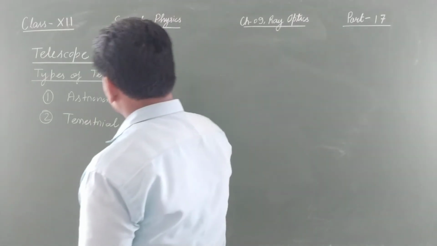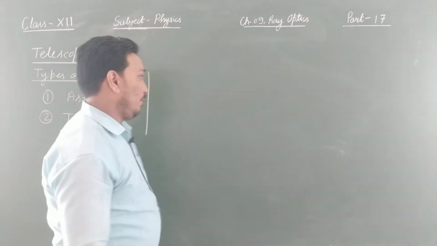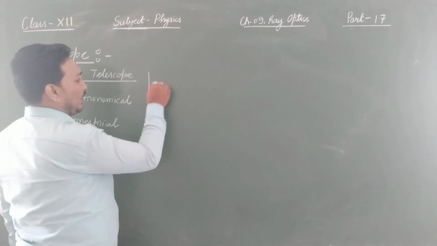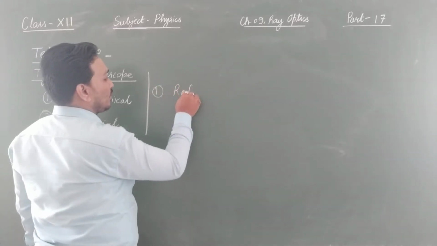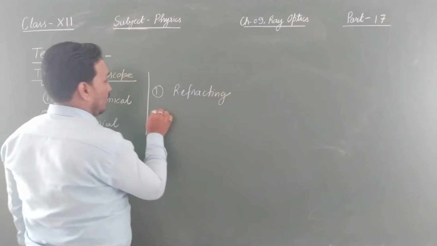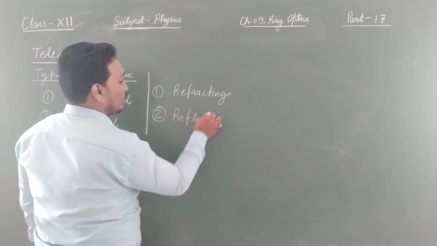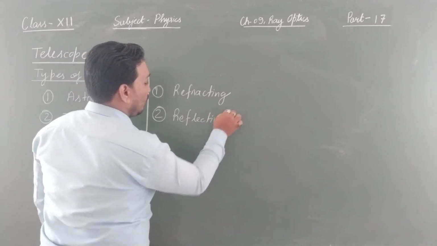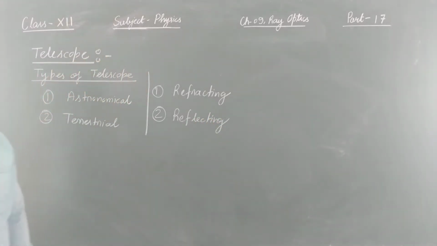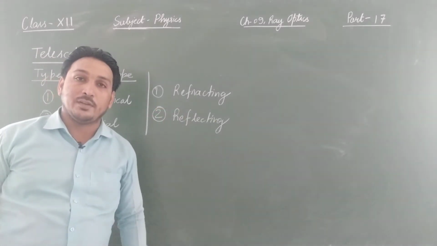And if we consider what we are using in the telescope, mirrors or lenses, then again there are two categories. One is the refracting type telescope and another is the reflecting type telescope. Again, from the name it is clear, refracting means it uses lenses as its objective and eyepiece.